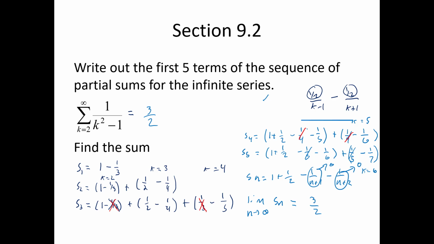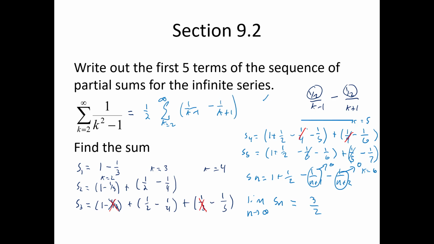So this was equal to, I factored out the 1/2, and we had the summation from k equals 2 to infinity of 1 over k minus 1 minus 1 over k plus 1.